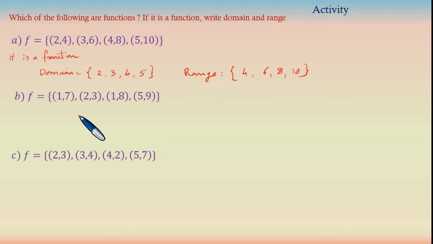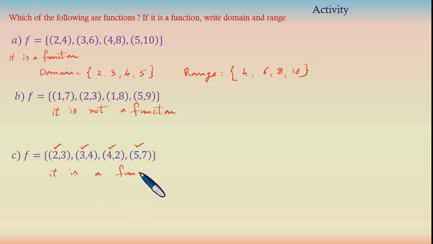First component repeating means it is not a function. You can write the answer here: it is not a function. Now check the last example here. Check the first components 2, 3, 4 and 7. All are different. When all are different, then it is a function. You can write it is a function.